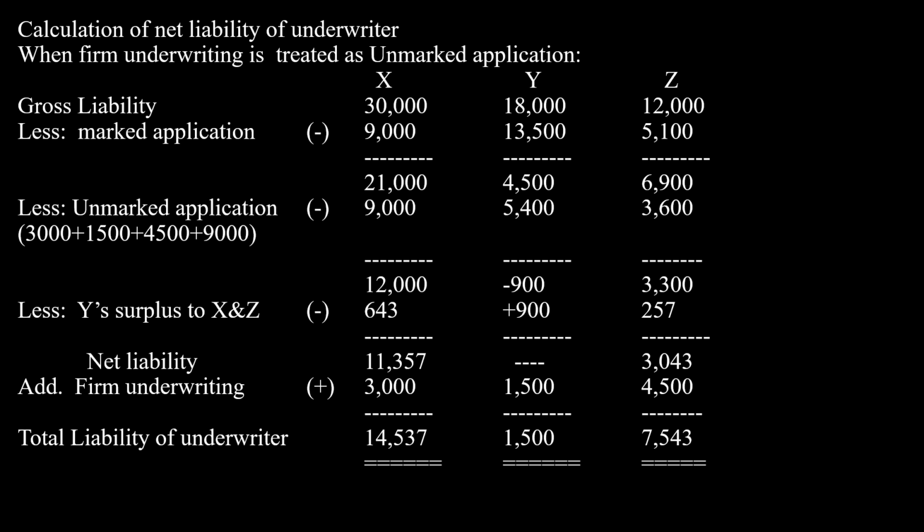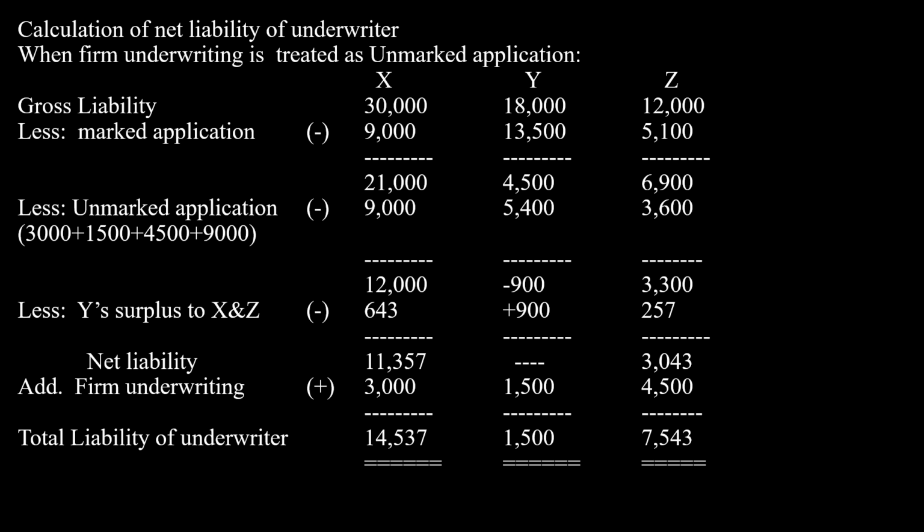When you allocate the 18,000 of unmarked, including the firm underwriting, to the underwriters, we get a negative balance for Y, which means he has a surplus. This surplus will be shared by X and Z in the gross liability ratio. So when you allocate this 900 to X and Z, X's share will be 643 and Z's share will be 257.